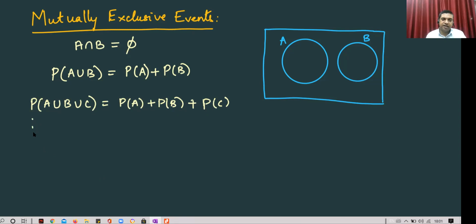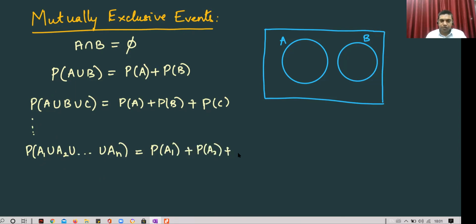And similarly for n cases, P of A1 union A2 union AN will be P of A1 plus P of A2 plus P of AN.